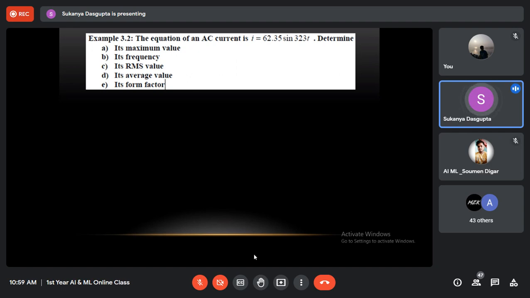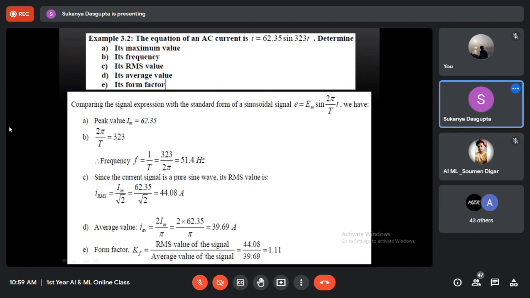And what will be the form factor? What is the form factor by derivation? RMS value by average value. Okay, so RMS is already calculated as I peak by root 2, and I peak is given.